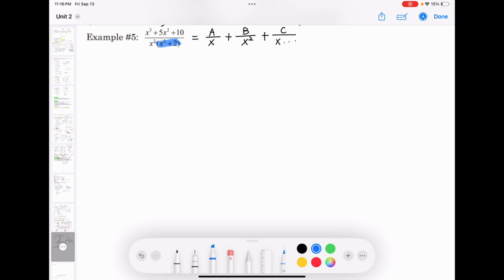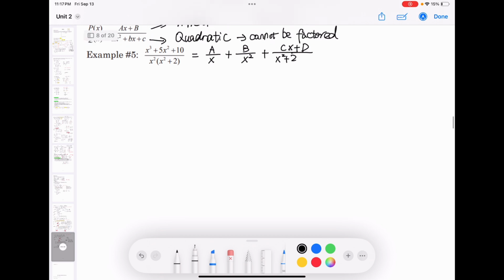So that means on the top of this factor, x squared plus 2, we're having cx plus d. We're not having a constant number. We're going to have a linear form here on the top. So you can also say reduce one power from the denominator, the x squared. We have cx plus d.